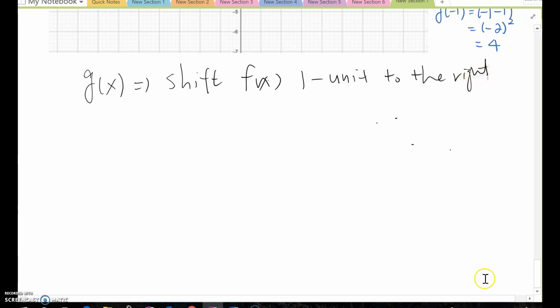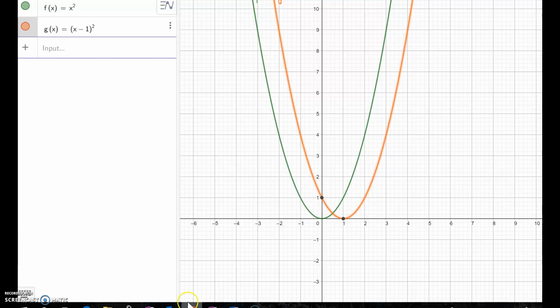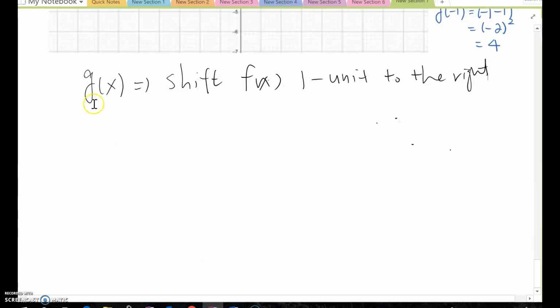Let's review again. The green graph shifted 1 unit to the right. We moved 1 unit to the right here, right? Therefore, g(x) shifts f(x) 1 unit to the right.